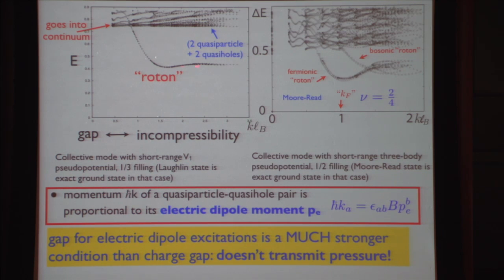And there you see this collective mode, where a quasi-particle and quasi-hole come together and fuse into the vacuum sector, but from the topological viewpoint they don't fuse into the vacuum. They end up somewhere up here, and this thing has an intrinsic angular momentum because of this special symmetry of the Laughlin states.